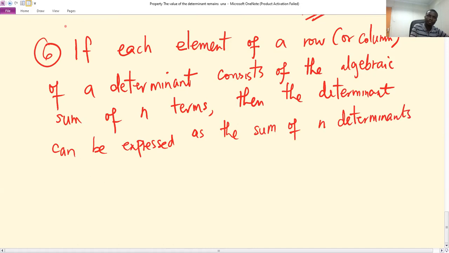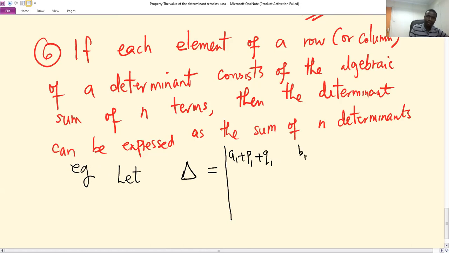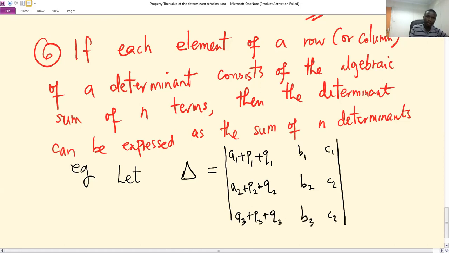E.g., let delta be the determinant A1 plus P1 plus Q1, B1, C1, and then we have A2 plus P2 plus Q2, B2, C2, and A3 plus P3 plus Q3, B3, C3.